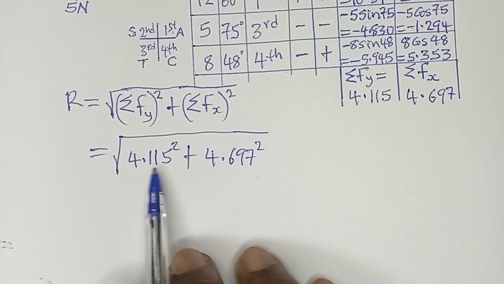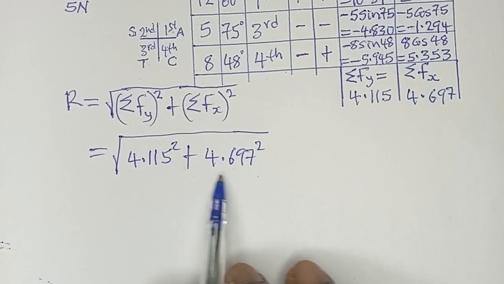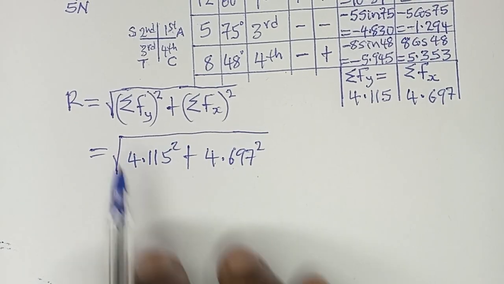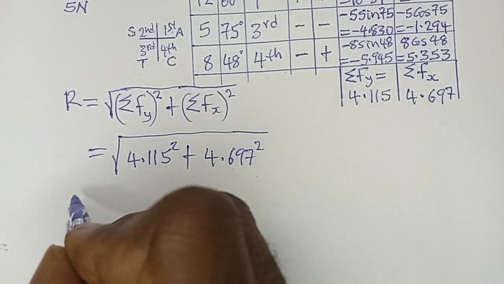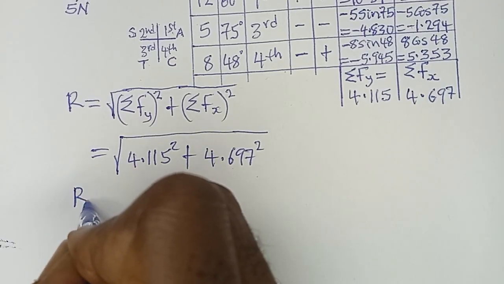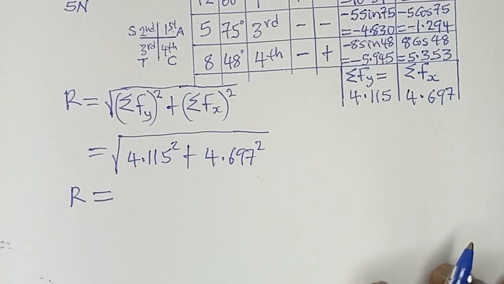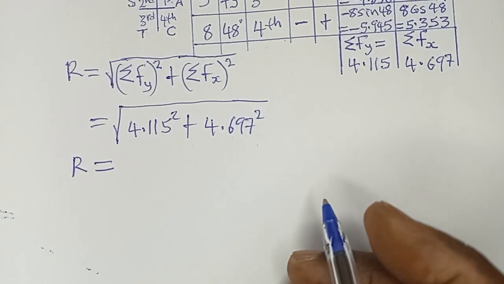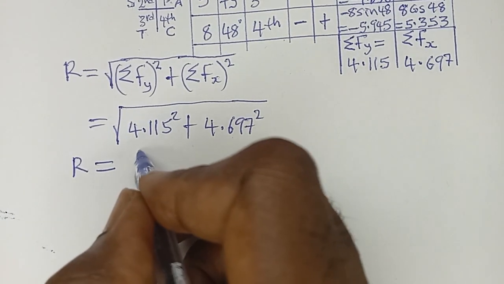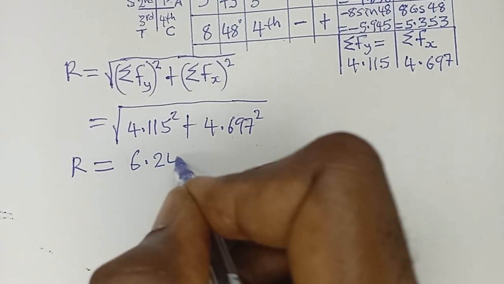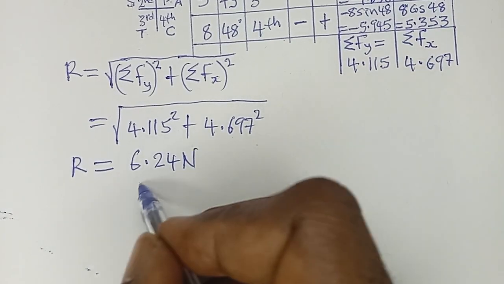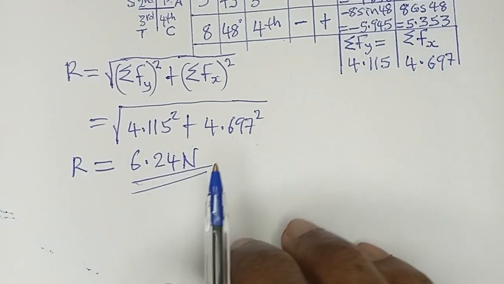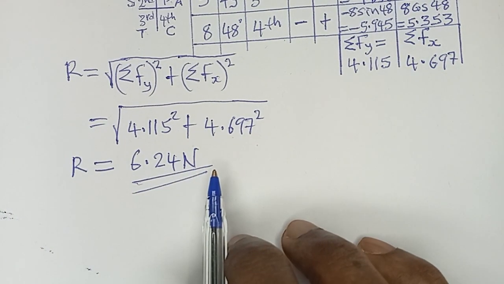By the time we square these, add them together and take the square root, it's going to give us the resultant of the forces as 6.24 Newton.